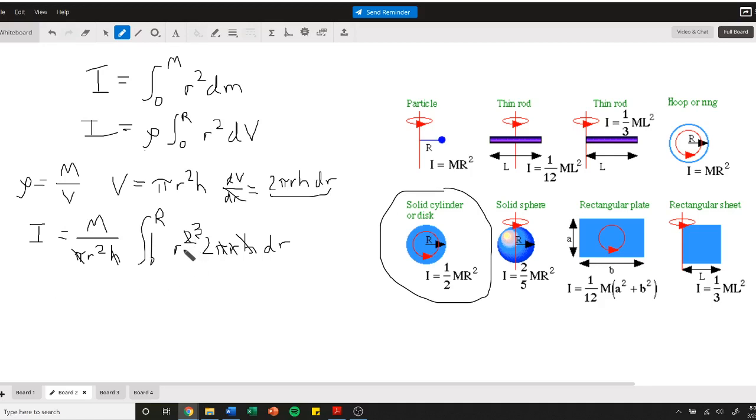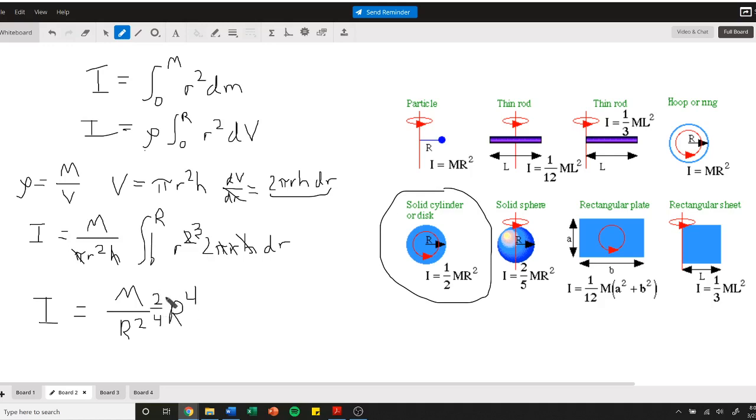So now we've got r to the third. If we take the integral of that from 0 to r, that would be, oh, this is the total volume out here, so this should be big R squared. So I equals big M over big R squared times big R to the fourth times 2 over 4.